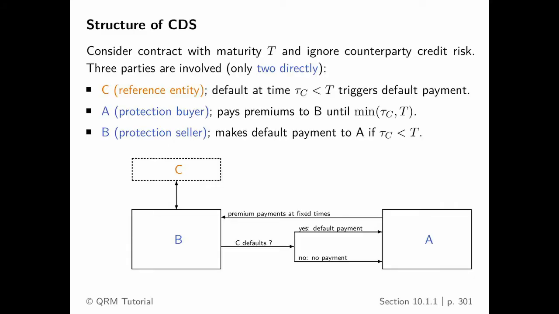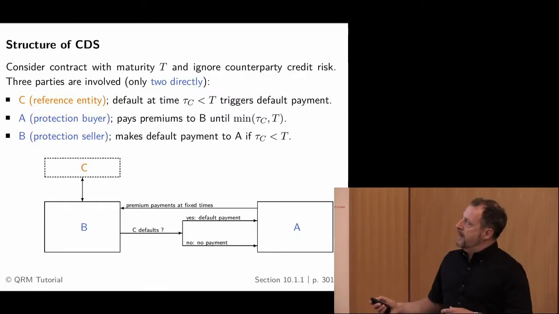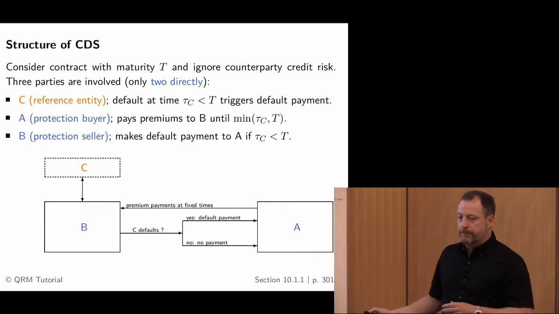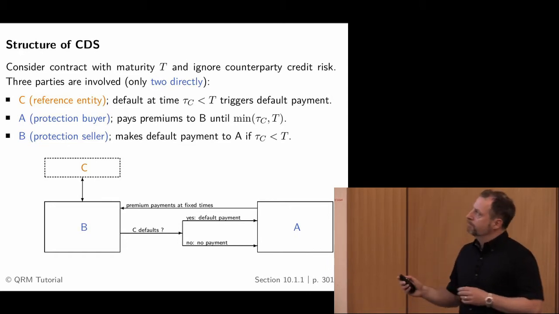There's a huge volume of these contracts written. Before the financial crisis, the market grew. Through the financial crisis, and it's still a huge, if not an even bigger market since then. So the structure of a CDS, we will look at this picture, but it will come back later on.